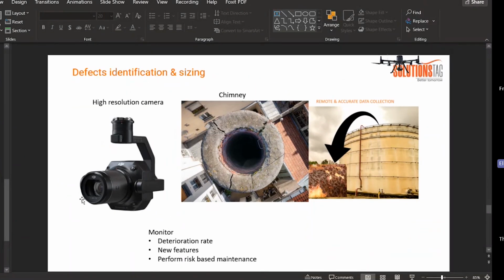But also using RGB camera or high resolution cameras, as you can see, there are some areas where we can detect these problems, and you can actually monitor the rate at which the features are developing. If there are any additional features, maybe after every 1 week, what is happening inside the facility or your asset.